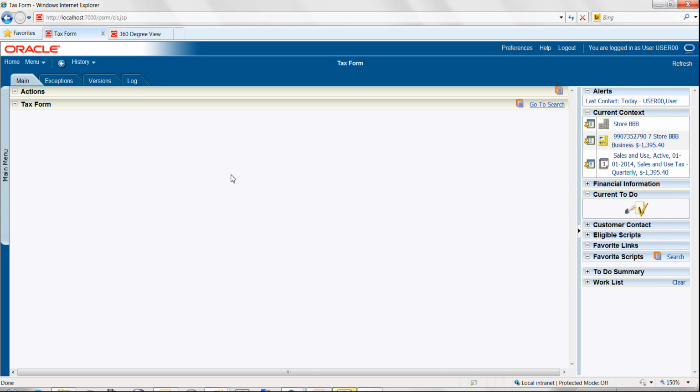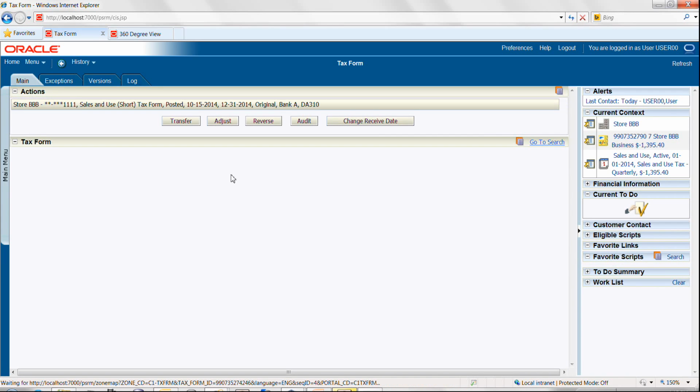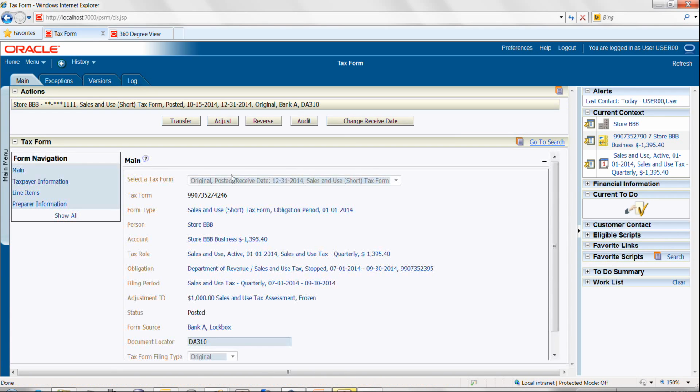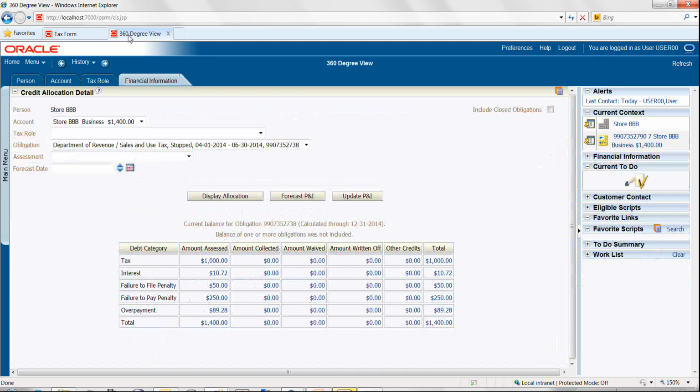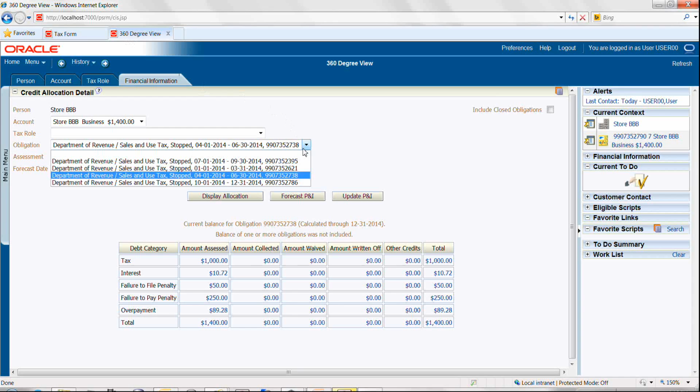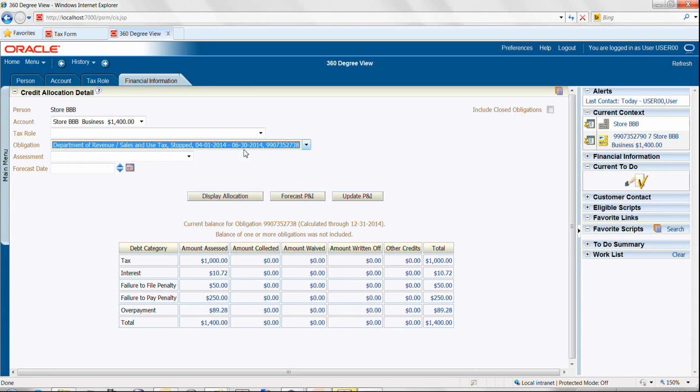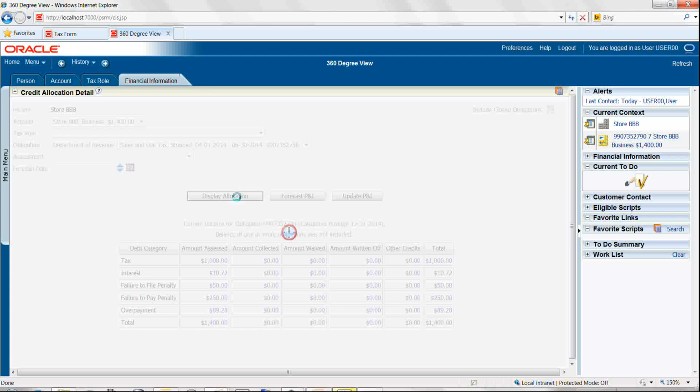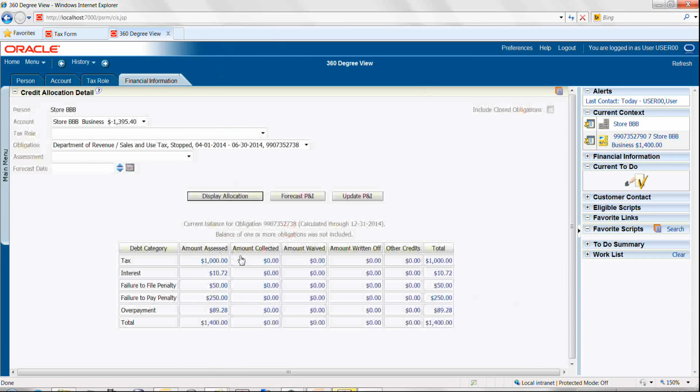And now we see that our balance has gone to over $1,300. Let us look at our financials to see if we understand that. We can look at our financials by obligation. If we look at the second period, it's the same: it's in debt for $1,400.